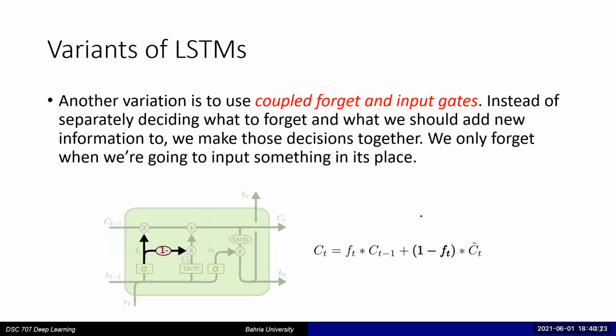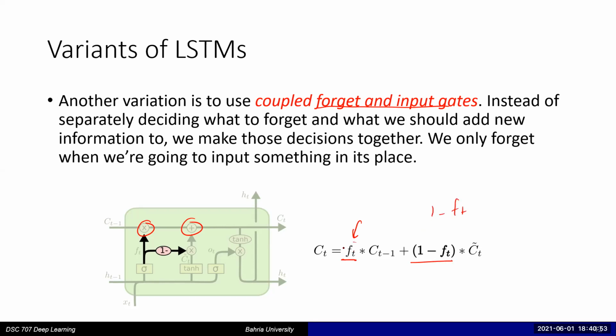Then there's another variant which makes sense. Previously we were forgetting something and we were adding something new. So this variant says that we should couple the forget and input gate, that rather than separately deciding what to forget and what to add, we make this decision together. So it means we only forget something when we are going to add something. In other words, once we have ft, the input gate is actually the complement, it is 1 minus ft.